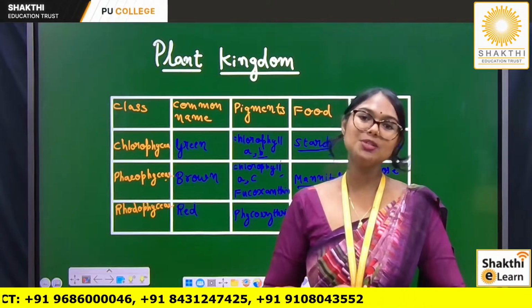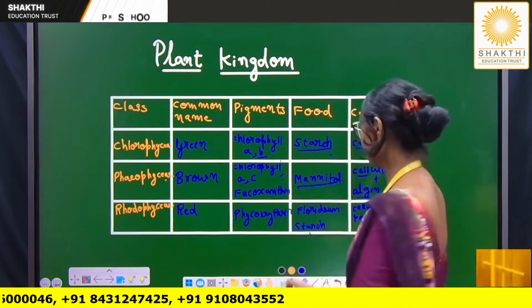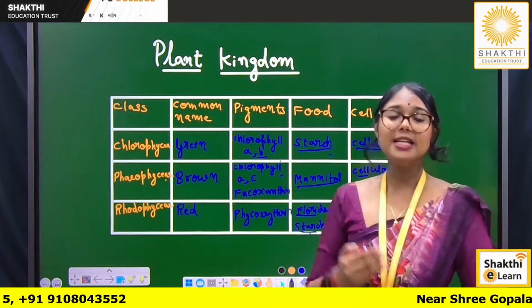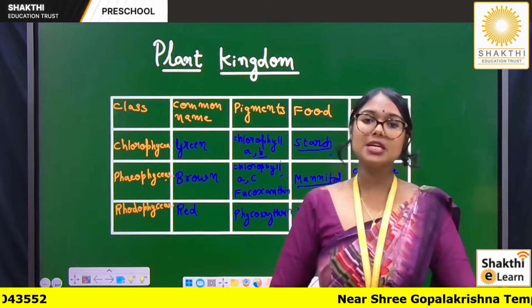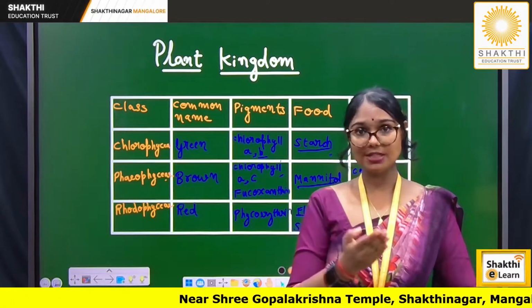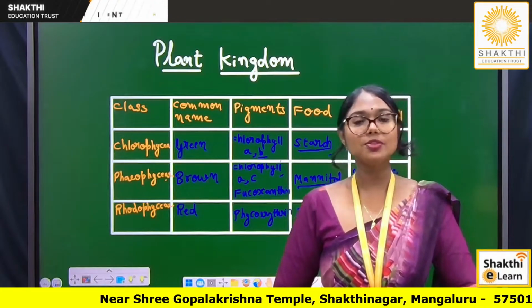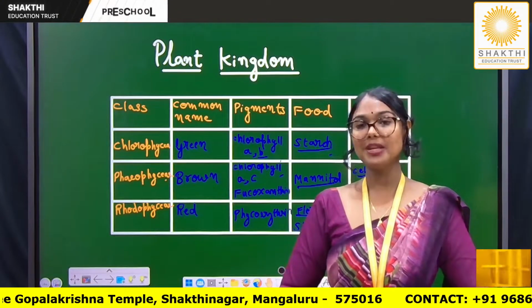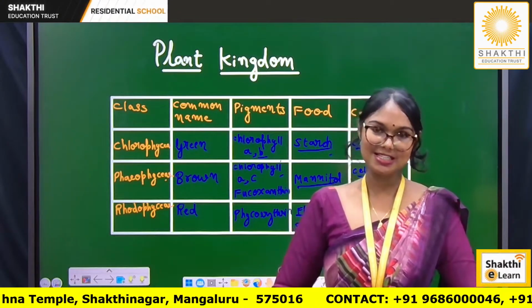The storage material is floridean starch, which is a slightly varied form of starch, made up of 2 components, if you revise it, amylose as well as amylopectin. So the floridean starch is a slightly varied form of starch and this is the storage material in the red algae.